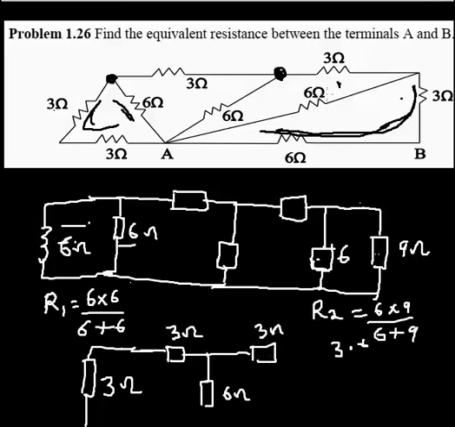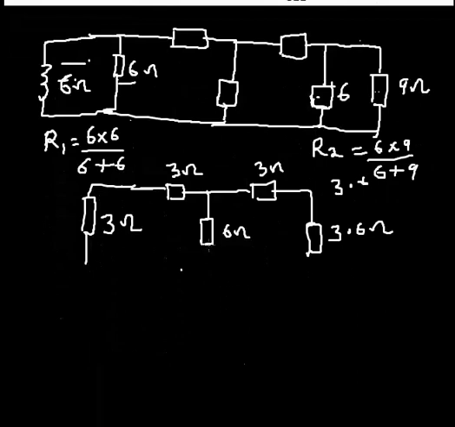I've already resolved the whole of that resistor here, which of course gave me 3.6 ohm. As you can see now, as I keep on resolving, I will redraw. As you resolve, redraw so that you have a new connection.